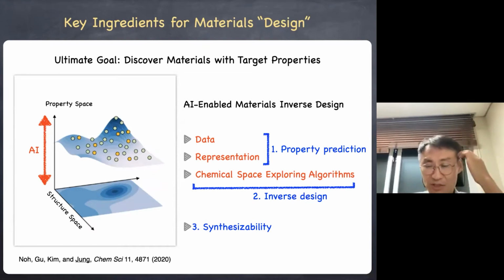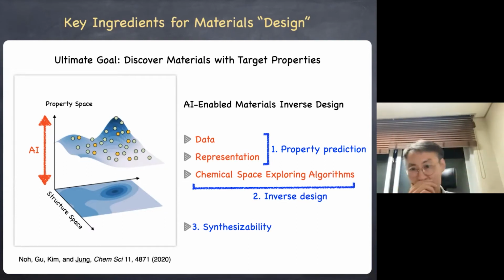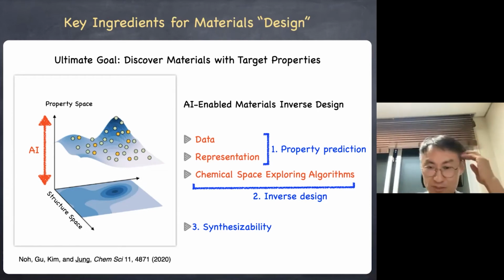And once you have such a tool to make a property prediction, the next important task, perhaps a much more challenging task, is to explore the chemical space to pinpoint the material or molecule that would have such a target property. And this is very difficult because the chemical space is essentially almost infinite in practice. And so it's almost like finding a needle in a haystack.